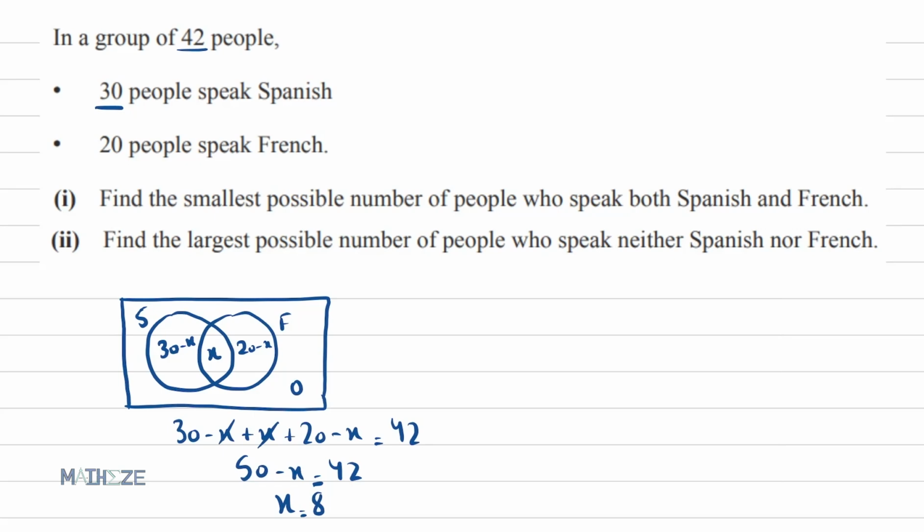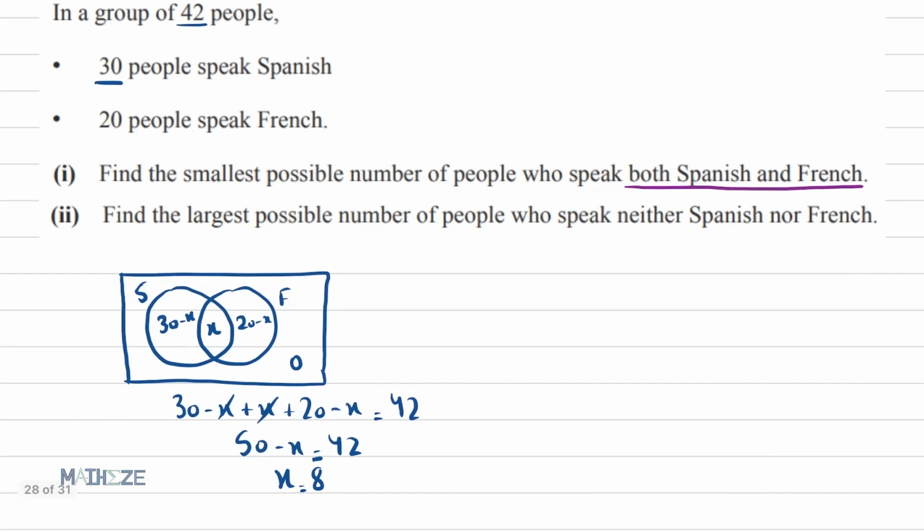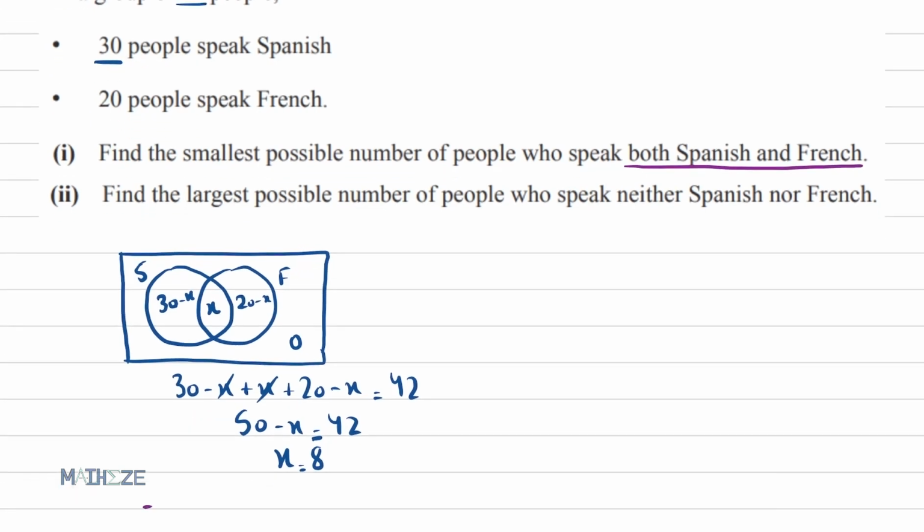The least value of people speaking both Spanish and French is 8. And now if I talk about the least value of people who don't speak Spanish and French, it's always assumed zero if it's not given in the question.